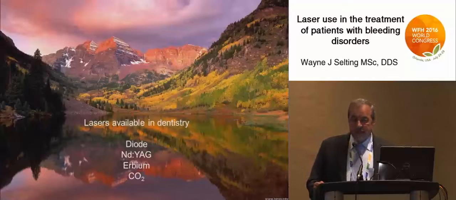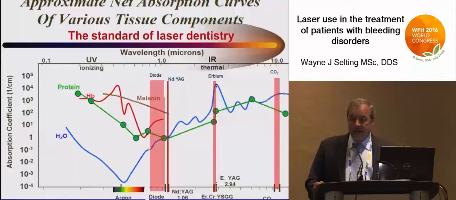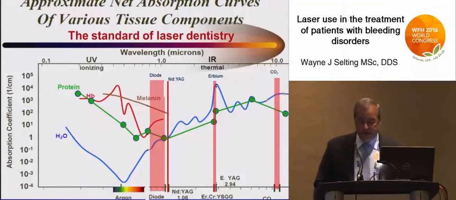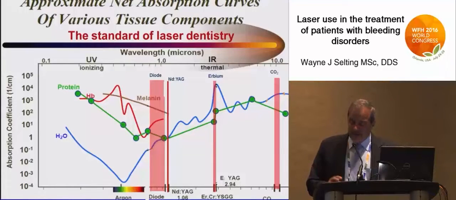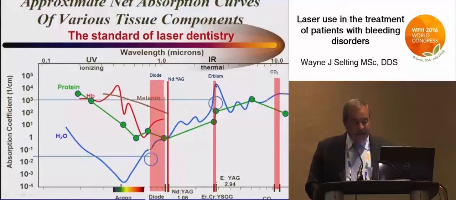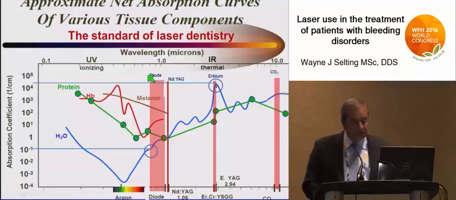This is something that everyone in the laser field understands, but it looks rather complicated. I put it in here because it makes a very important point. Here is the diode, the Nd:YAG, the erbium, the CO2, and this scale is different wavelengths of energy.